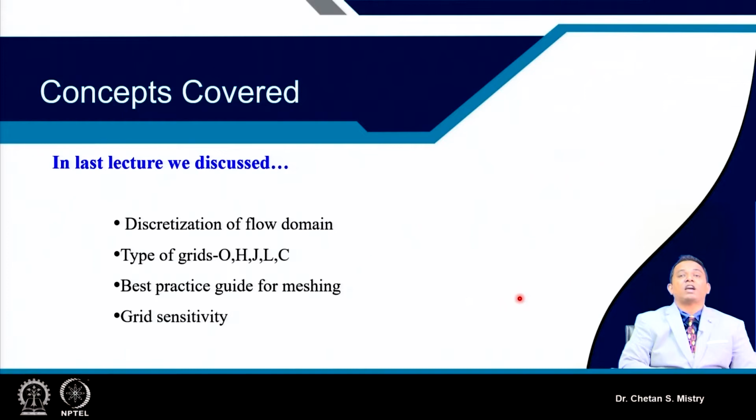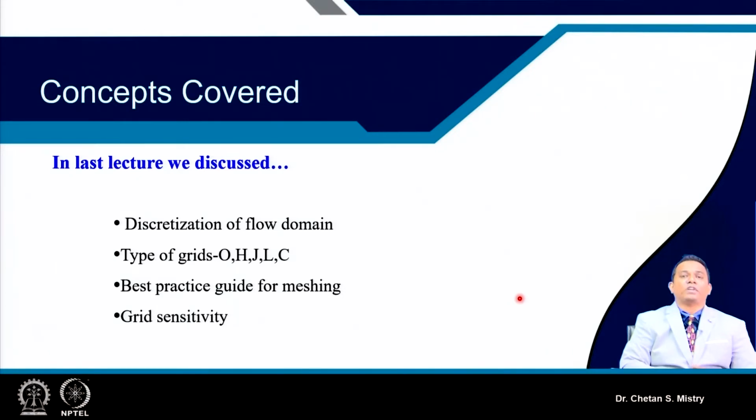Then we were discussing grid sensitivity, or grid independence study. There are different approaches that different researchers and different companies follow, and based on that they represent their detailed flow field based on mesh sensitivity.